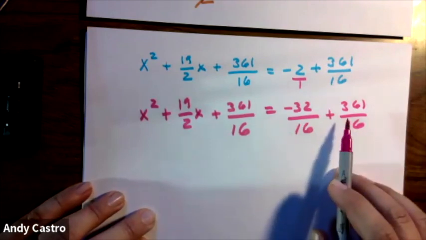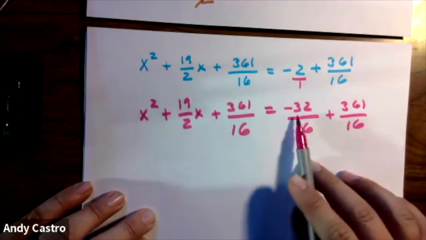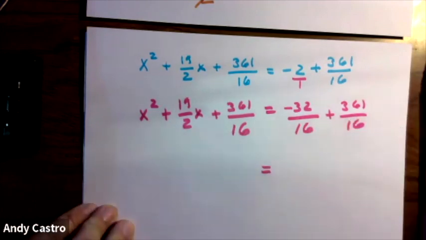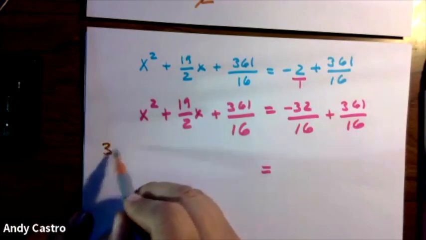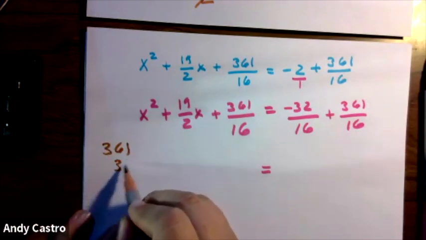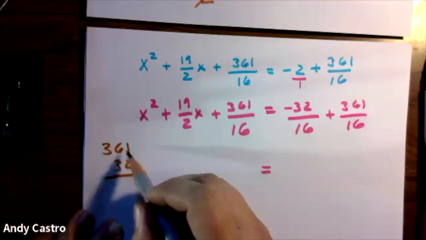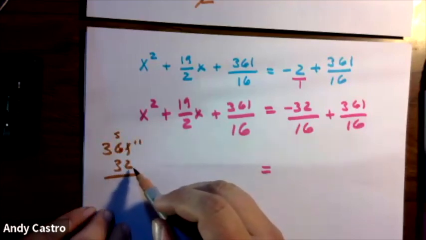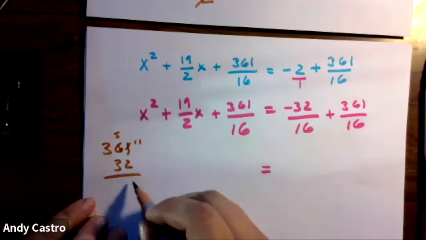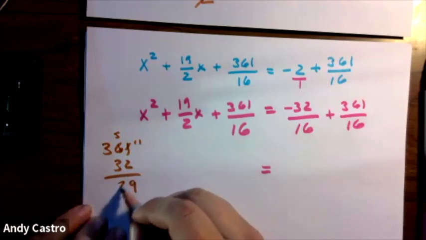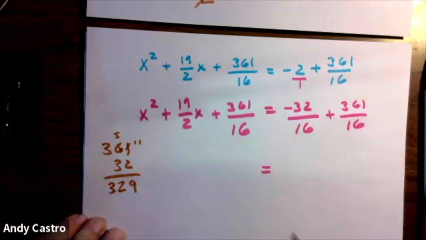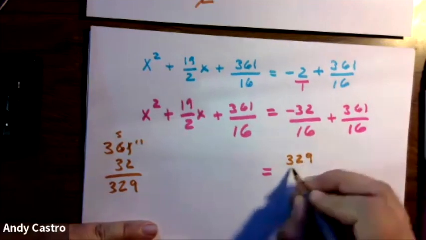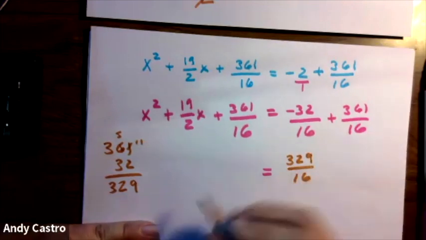All right, so now I want to subtract 32 from 361. Let me do that off to the side here. 361 minus 32 is 329. So positive 329 over 16.